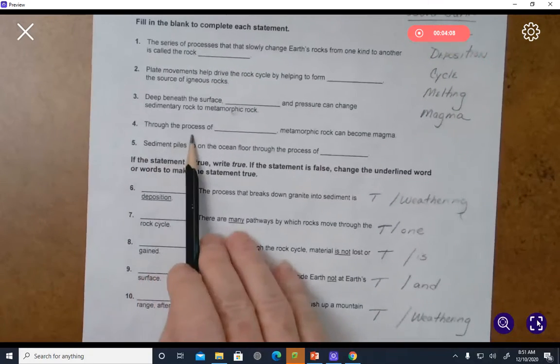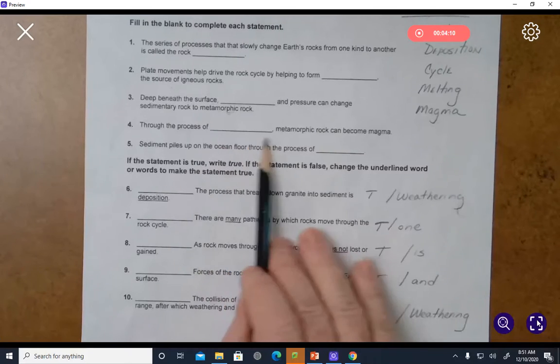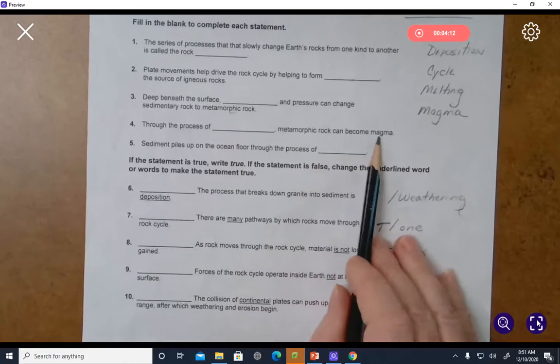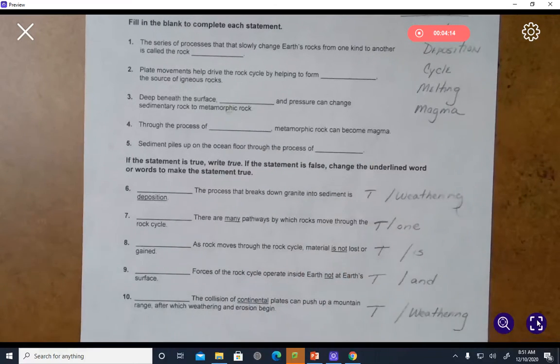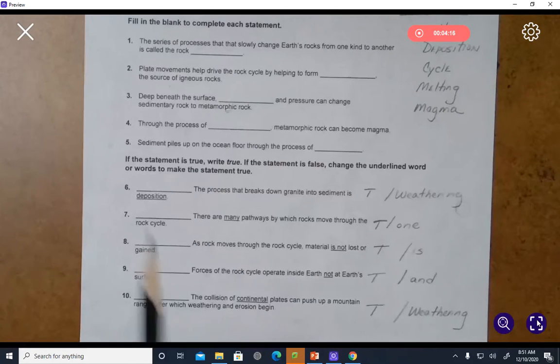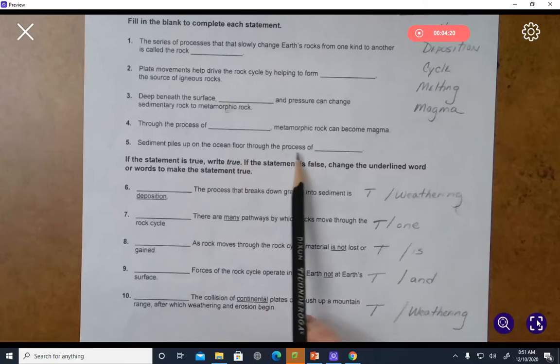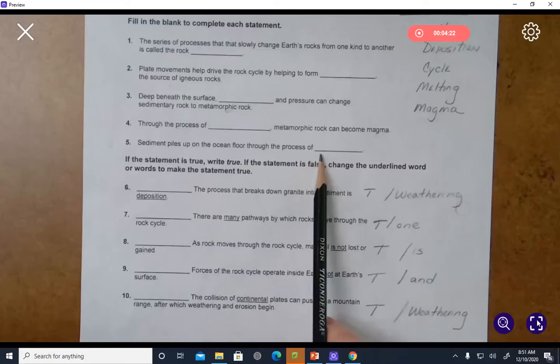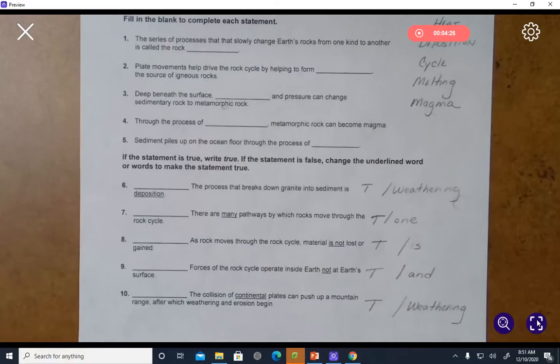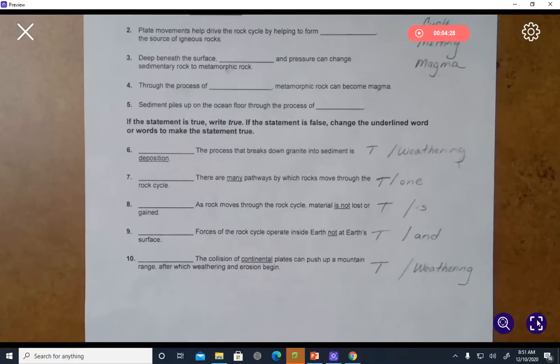Through the process of blank, metamorphic rock can become magma. Sediment piles up on the ocean floor through the process of blank. Helped you out a little bit here.